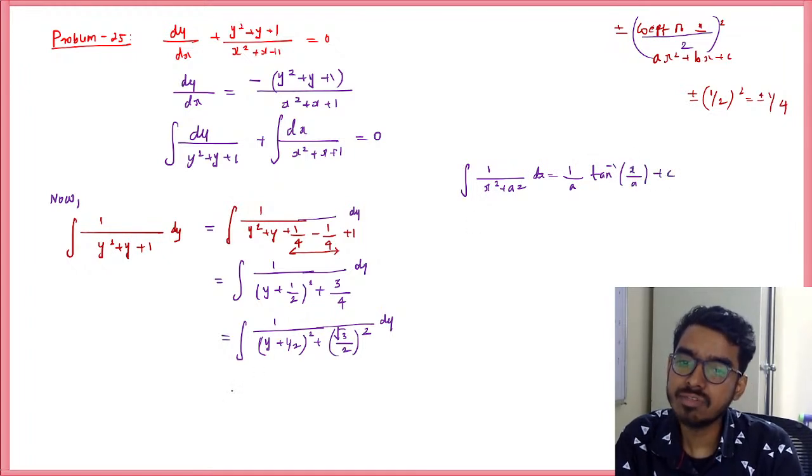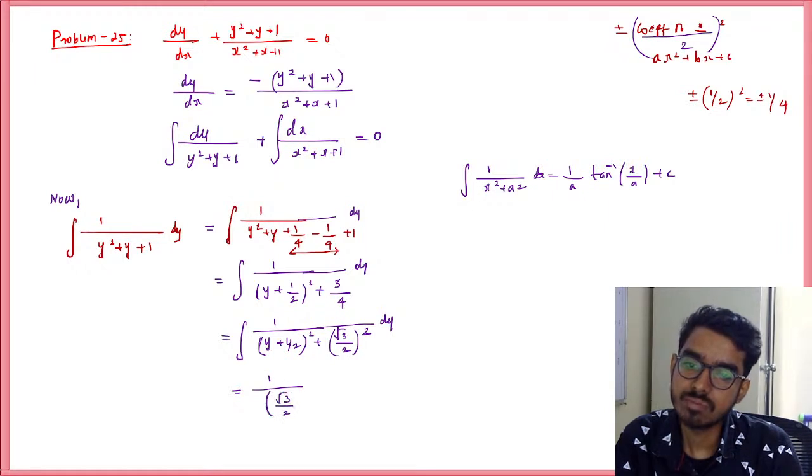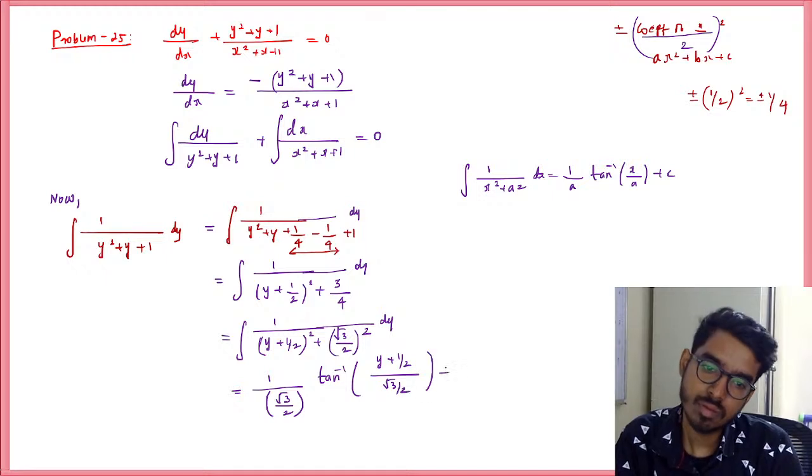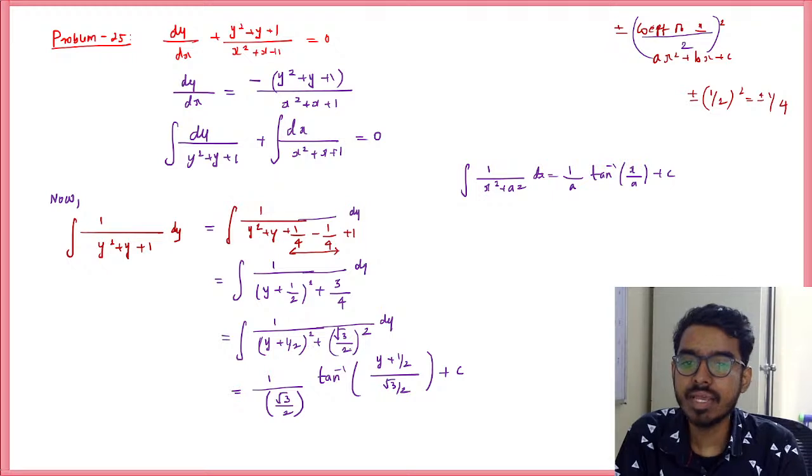So instead of x, we have y plus 1 by 2, and instead of a, we have root 3 by 2. So you just replace x by this term in 1 by a square plus x square.